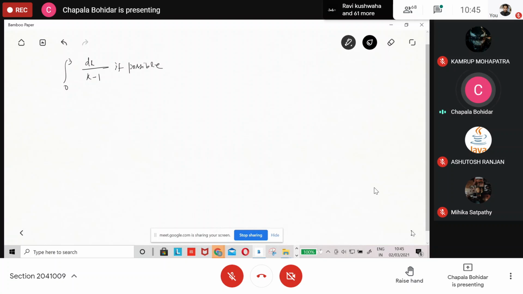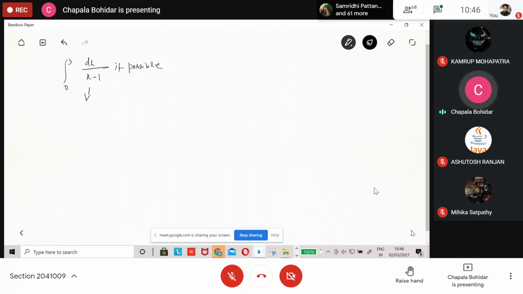What do I do here? It is not defined where? It is not defined at 1. 1 is in between 0 to 3, in the middle of this closed interval. So that I can write down this integration.